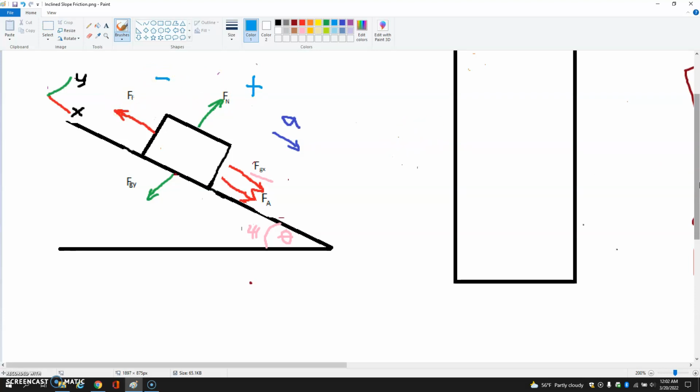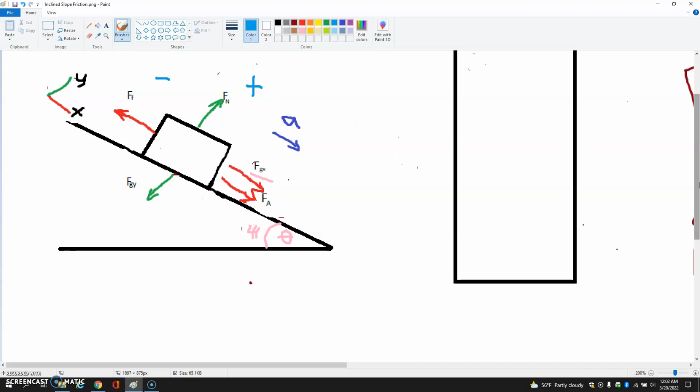Okay, so you've drawn your diagram. You should be able to do that before you even read all of the problem. If you just see it says inclined slope, boom, you should be able to draw that. That just comes down to basically memorization.